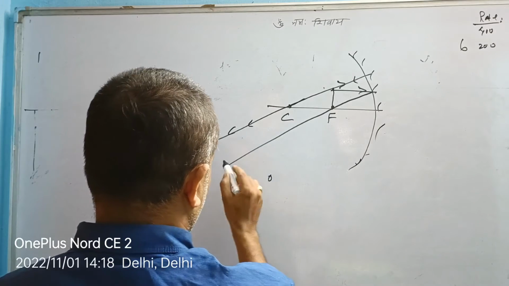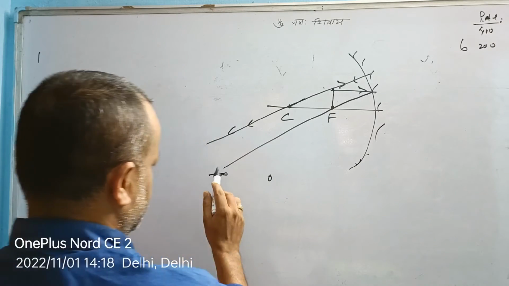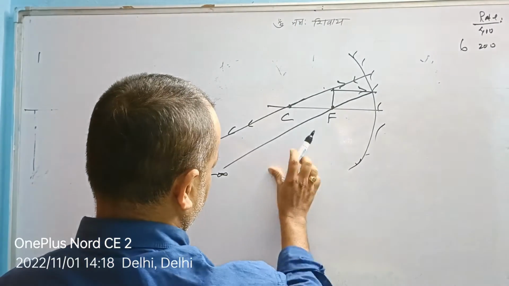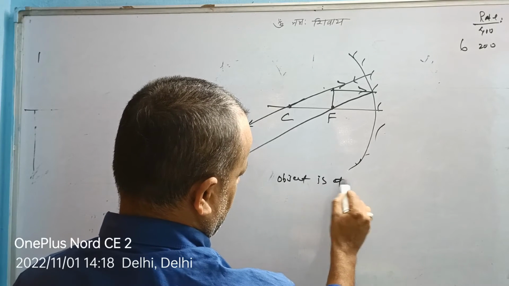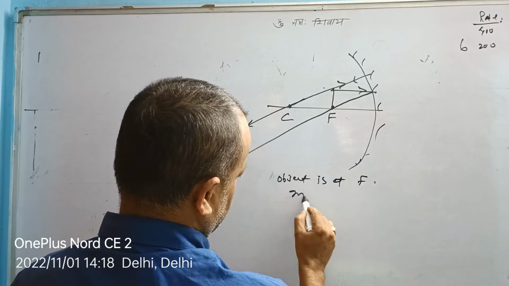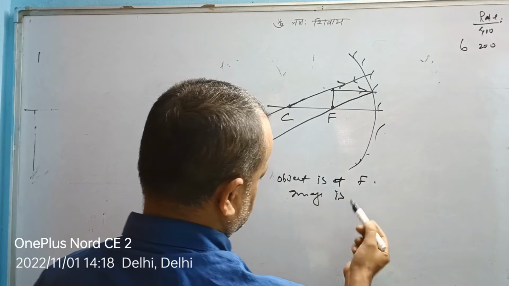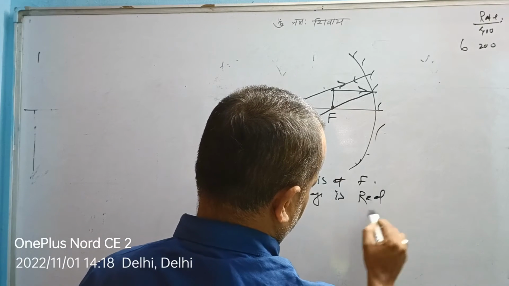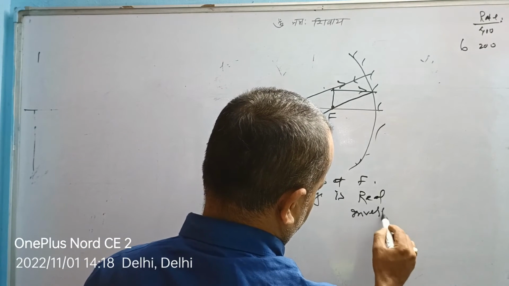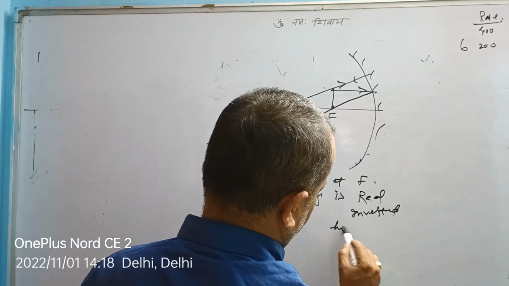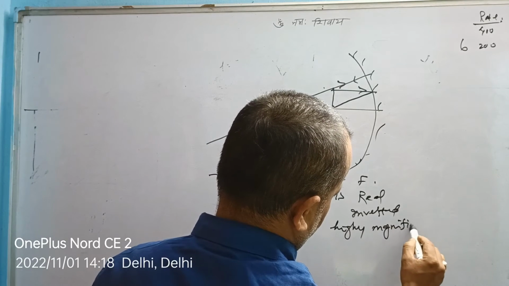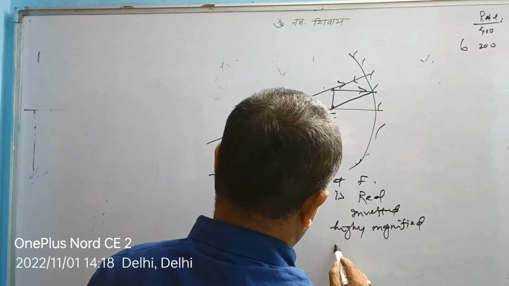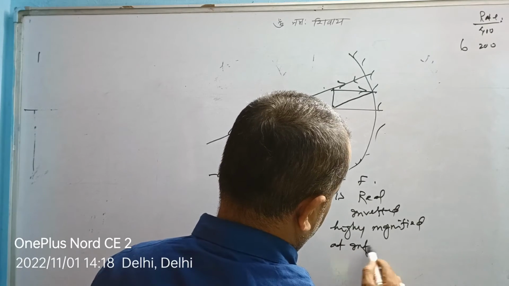So the image is formed at infinity. When the object is at F, the image is real, inverted, highly magnified and at infinity.